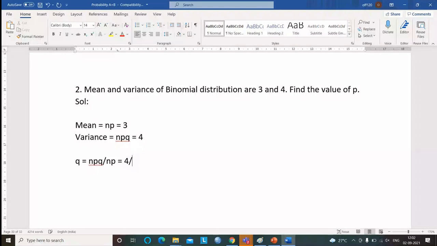Now see, what is Q actually? Q is the probability of failure. And probability can never be greater than 1. But I got the answer as 1.33.